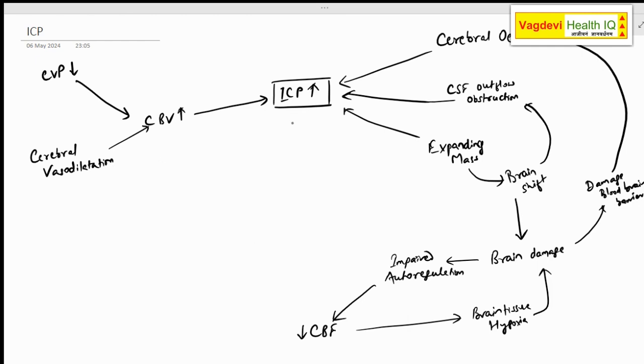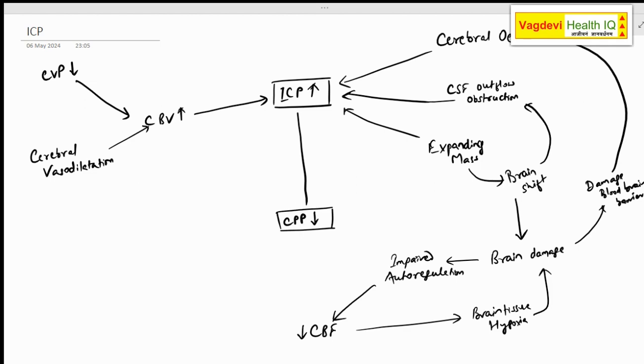Anyway, I would say that increased intracranial pressure causes less cerebral perfusion pressure, right? This we have studied. Cerebral perfusion pressure is nothing, it's like systemic BP minus intracranial pressure, right?